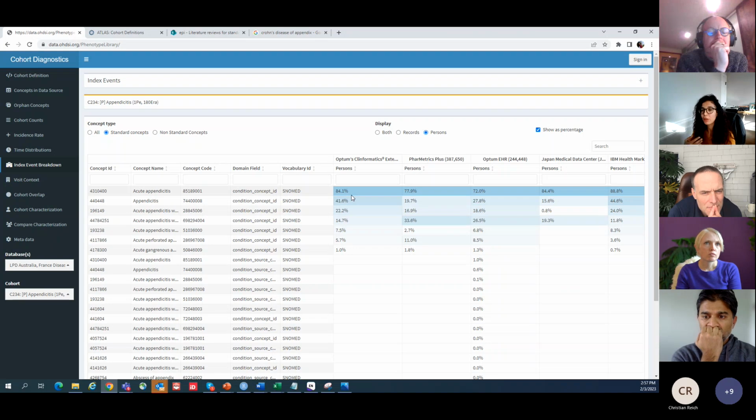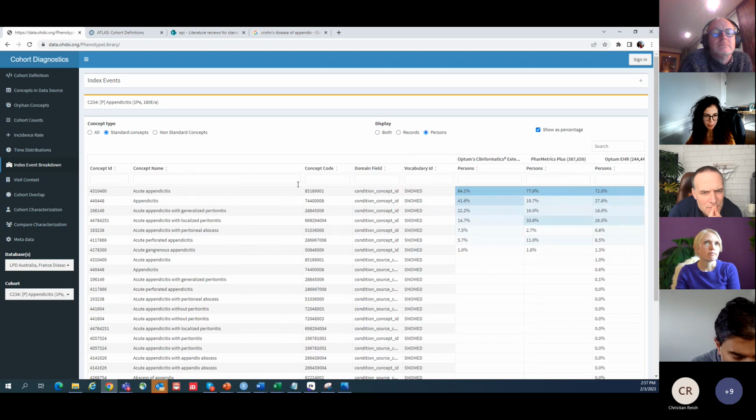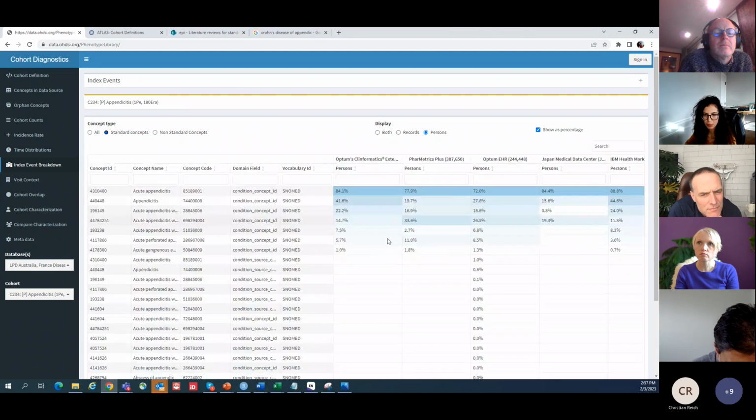So as a peer reviewer, that makes me feel good from a specificity perspective. There's this code of appendicitis, which is non-specific, seems good. And then there's acute appendicitis with generalized peritonitis, all this.